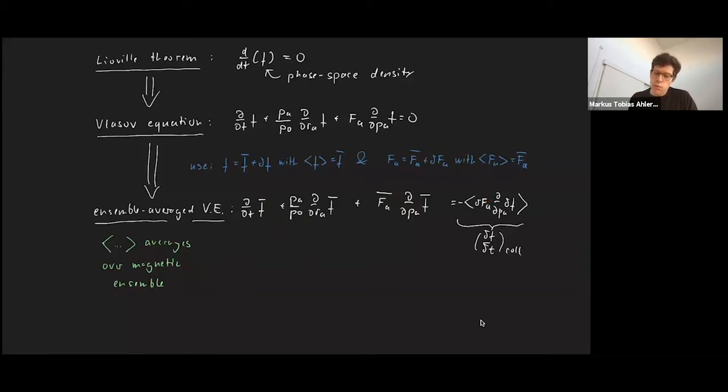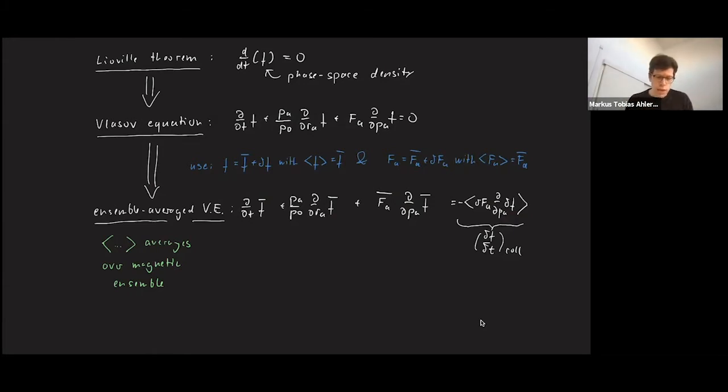We actually have a term which is the ensemble average of the small correction of the Lorentz force, depending on the turbulence, times the momentum derivative of delta F, the correction of the phase-space density. So this was how we ended up yesterday.